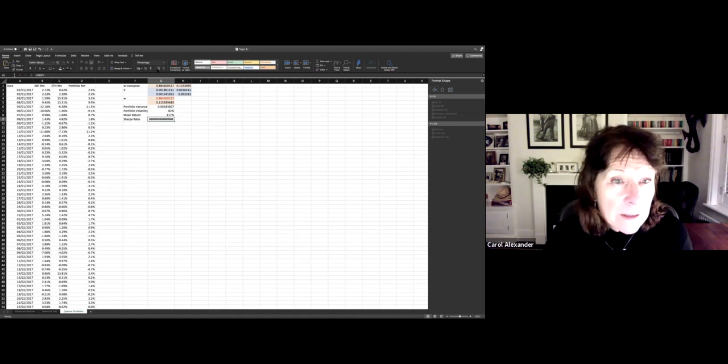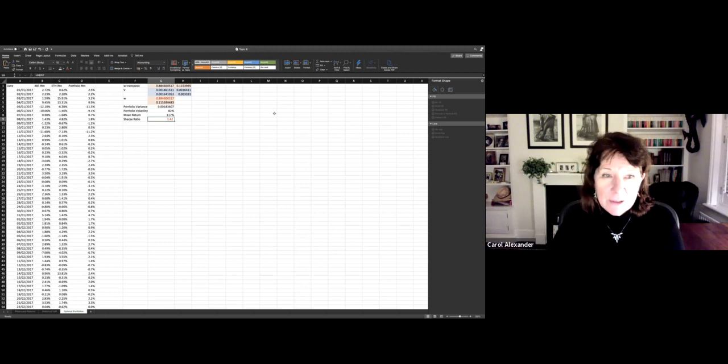I don't want that to be in percent. So a Sharpe ratio of 1.42. Any Sharpe ratio above 1 is really, really good. Sharpe ratio above 1, jolly good.